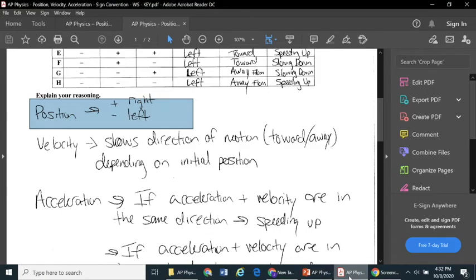For the velocity, I hope everybody knows this. This is super important. The velocity shows you the direction it's moving in. Let's be careful about that. The velocity shows you the direction the object is moving in. And whether it's moving toward or away from the origin depends on the initial position.